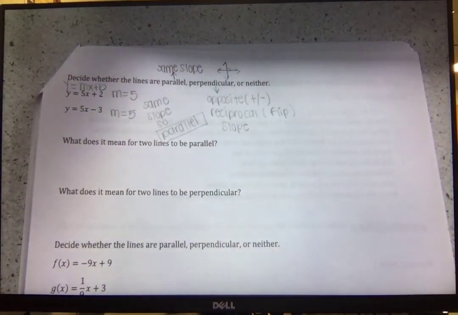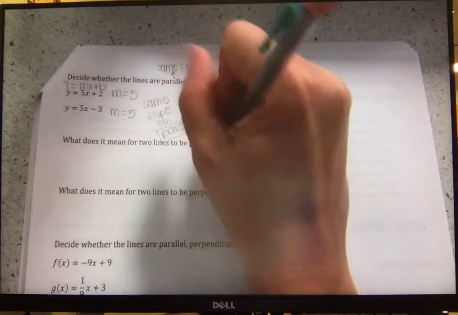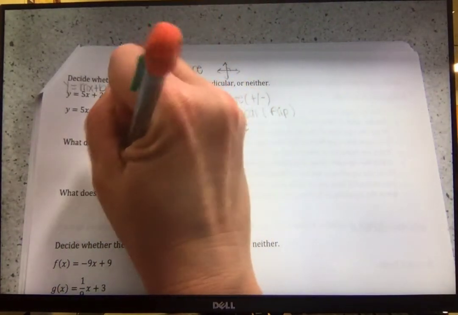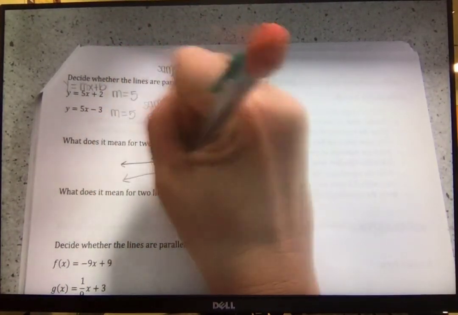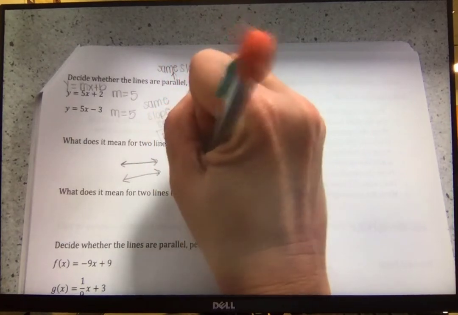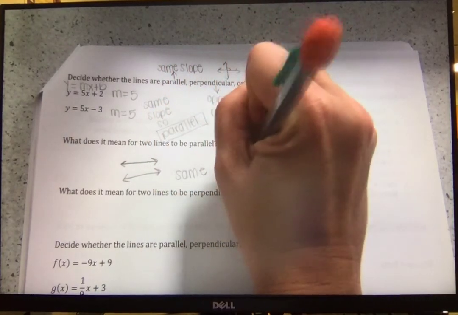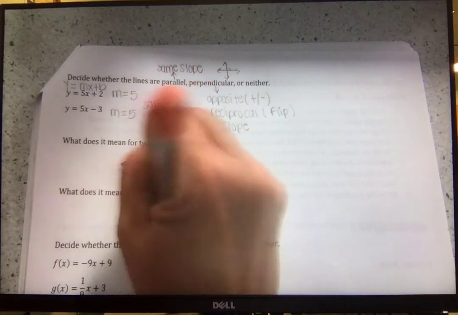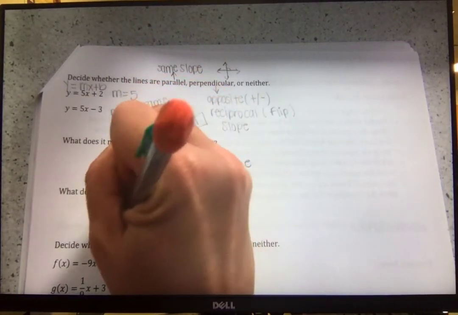Reciprocal means we're going to flip the fraction. Opposite reciprocal slopes. So we talked about parallel.